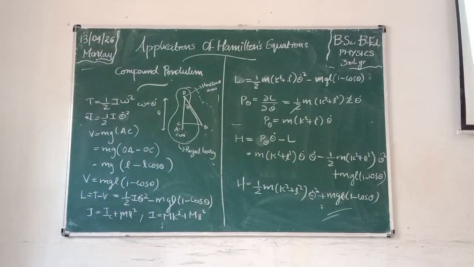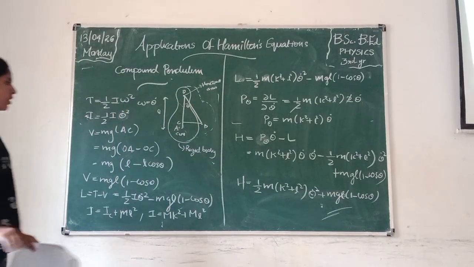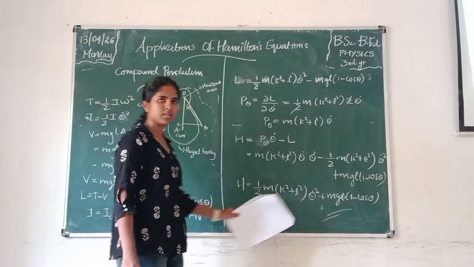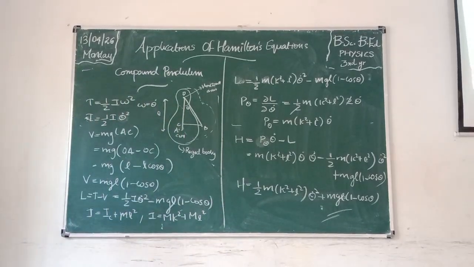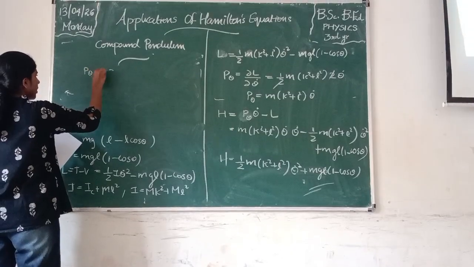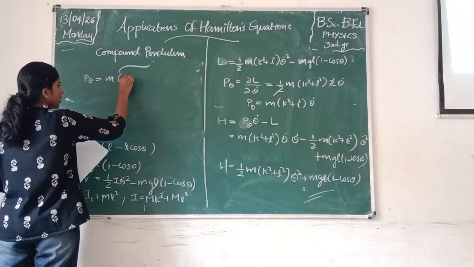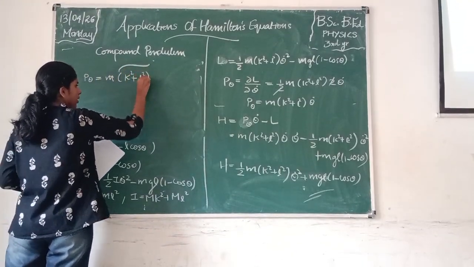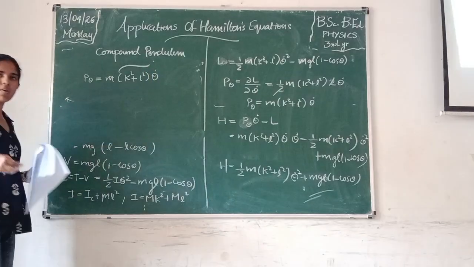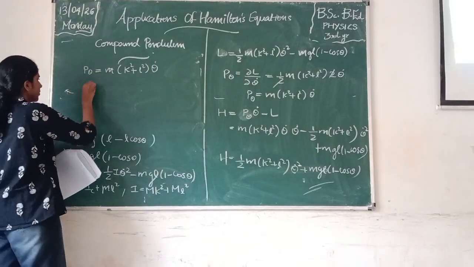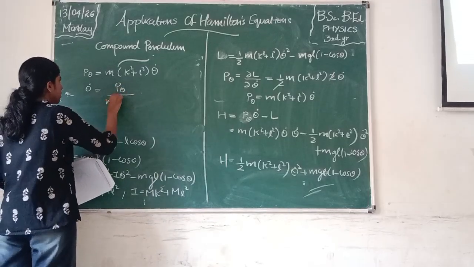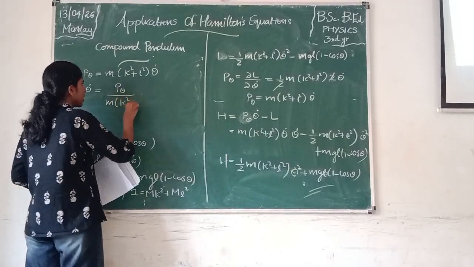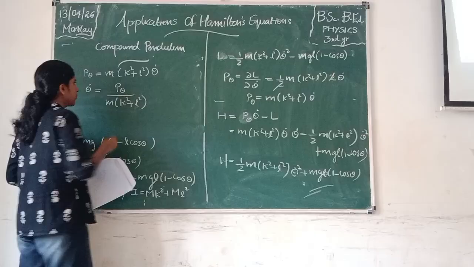Next we want to convert this to p theta. Okay. P theta is equal to m into k square plus l square into theta dot. From here, what will be theta dot? Theta dot is p theta by m into k square plus l square.